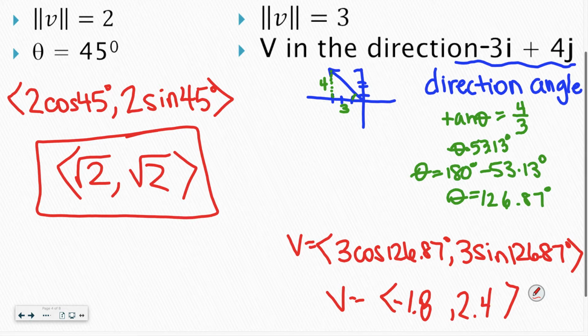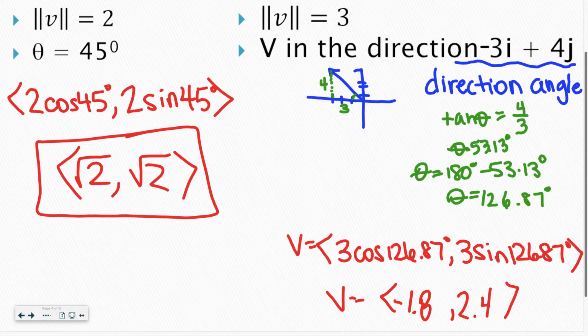Okay. So we had to find the direction angle of this guy because we knew vector v was in that same direction, and then we could use the magnitude times cosine of theta and magnitude times sine of theta. All right. Now, I want us to add two vectors together.